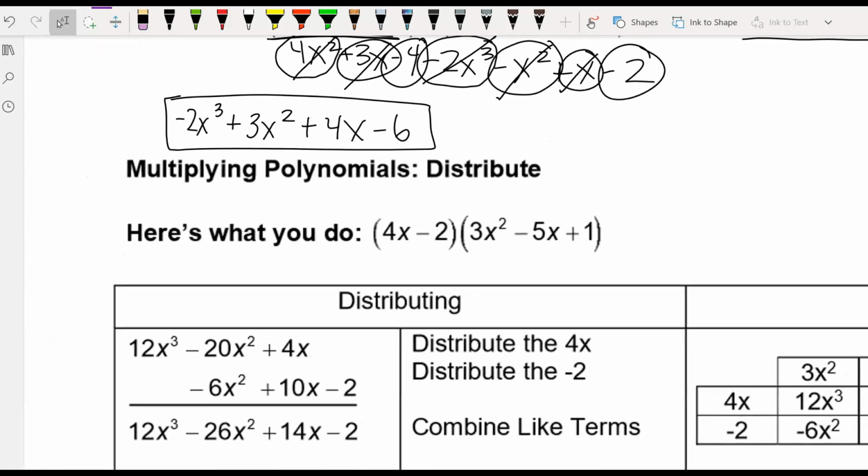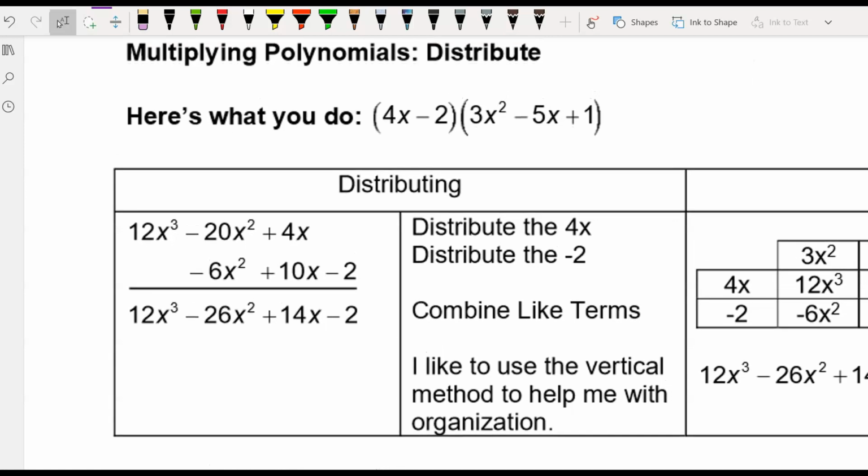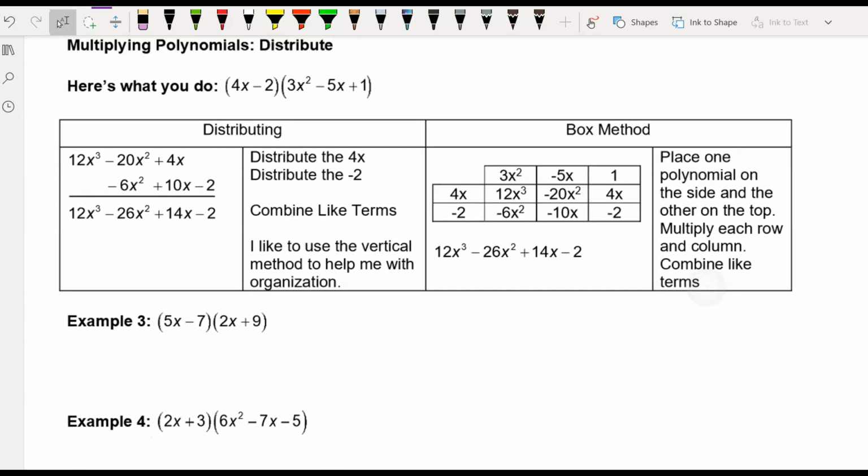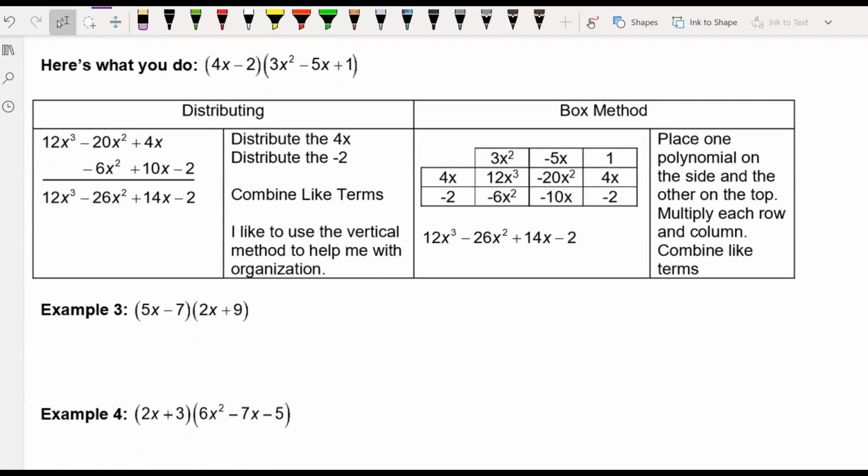Next, we're multiplying. So we're going to distribute. There are two ways you can do this: you can do distributing or the box method. So distributing, you're going to multiply everything by that first term.